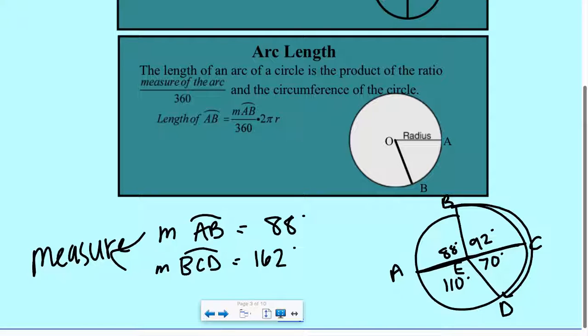You can also find arc length. That would be the distance between your endpoints. Like how long is the pizza crust that you're eating. To do that, you have a little formula here. It says the length of an arc is equal to its measurement over 360 times 2 pi r. What's 2 pi r represent about the circle? Its circumference. So we're trying to find some fractional part of our circumference.